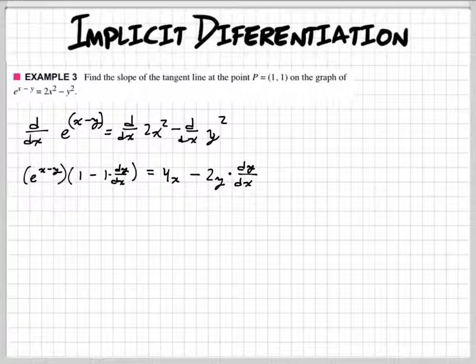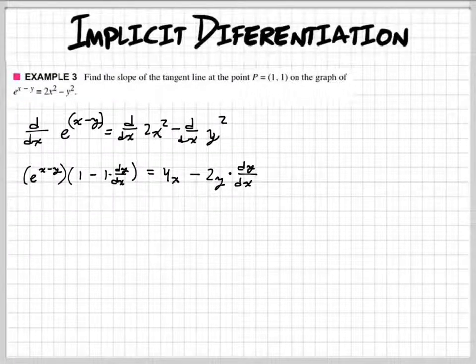So you could just plug in the point right now and solve for dy over dx. But I'm going to go farther. I'm going to get the dy over dx alone first, and then plug in the point, just for practice.